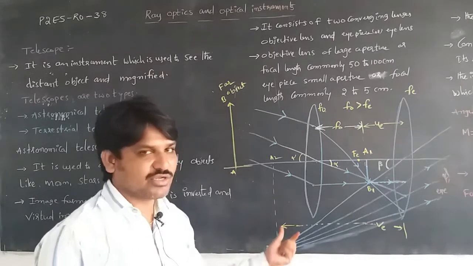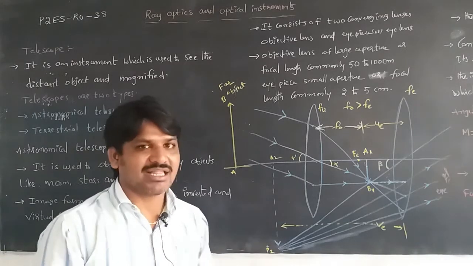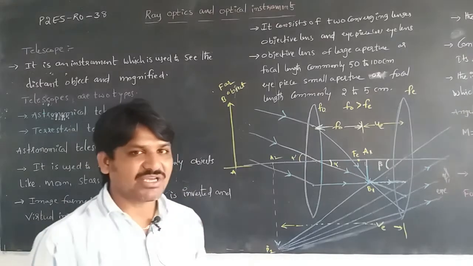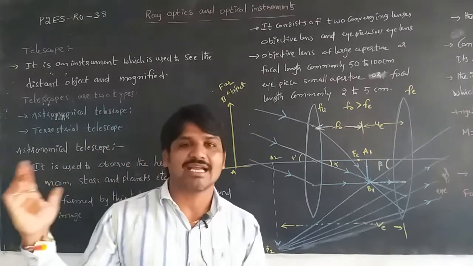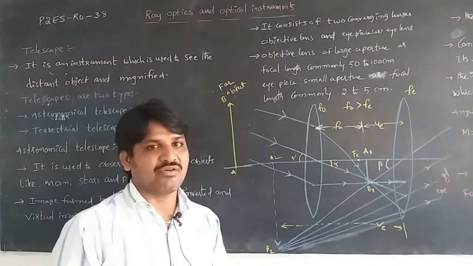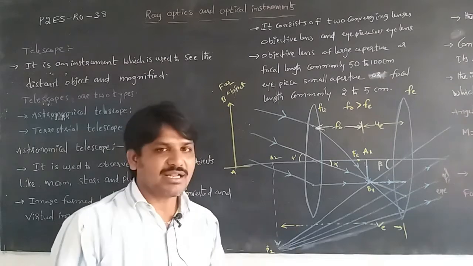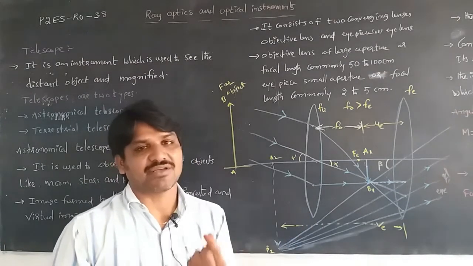Now let us see how to calculate the magnification. The magnification depends on whether the image is formed at the near point or at a distant position. We will derive the formula for the astronomical telescope, which is angular magnification.